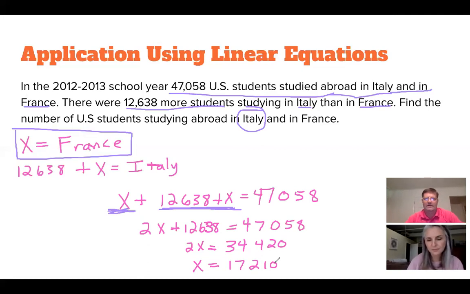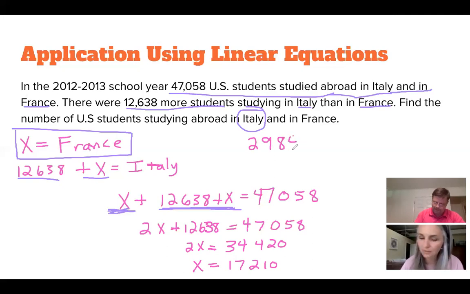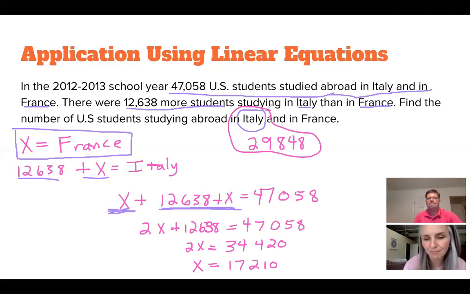So to find Italy, we would then take that 12,000 and add it to the France. So I would take this 17,210 plus 12,638, and that would give me 29,848. Okay. So that's Italy, and this number down here is France.